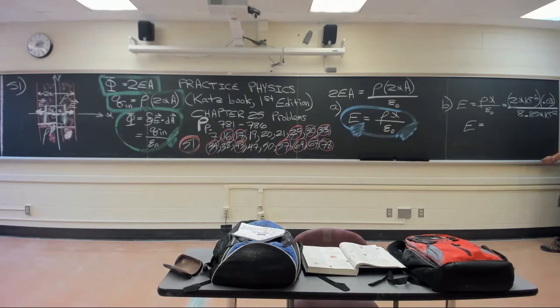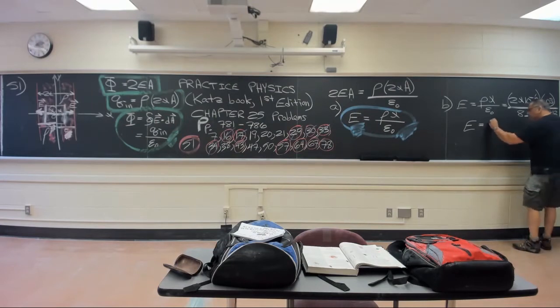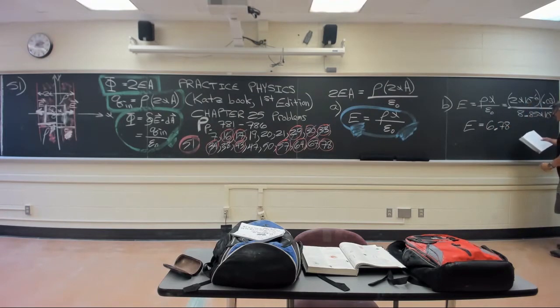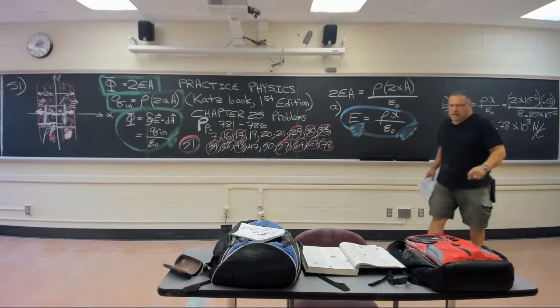That is the same as 60,000 times 10 to the negative 12. The 10 to the negative 12 cancel out. 60,000, this goes in here about 7,000 times or so. I'm believing this answer. They're giving the answer 6.78 times 10 to the 3 newtons per coulomb.